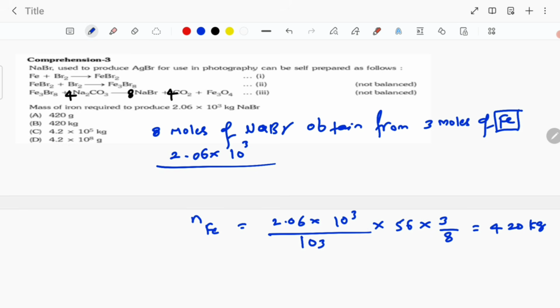Now how to convert into moles? NaBr is 80 plus 23, so 103 molar mass. So these many moles are obtained from how many moles of iron? 2.06 into 10 power 3 by 103 into 3 moles of iron, 3 into 56 by 8. Directly I showed 420 kg. Answer is 420 kg here.